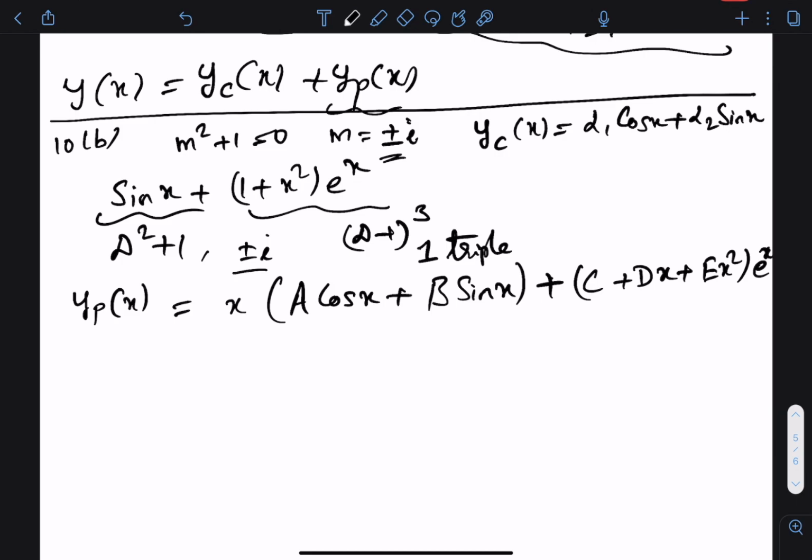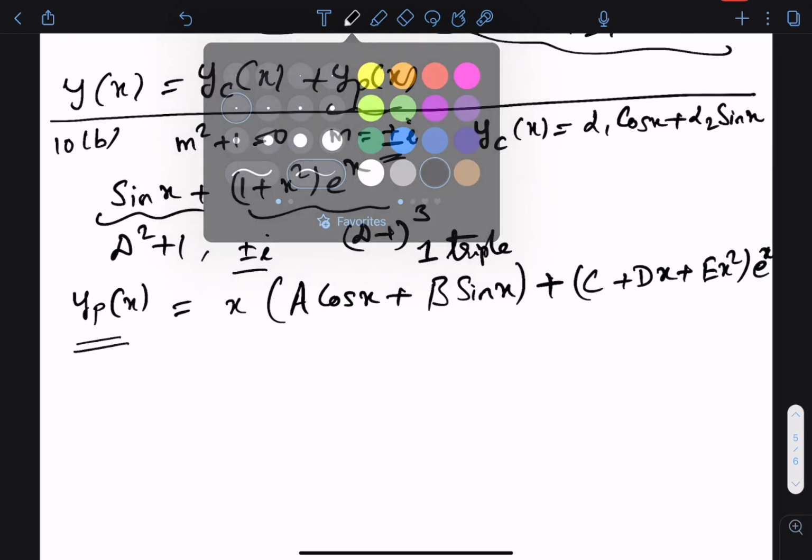So as usual, you differentiate this, plug it in the second order differential equation and equate coefficients.